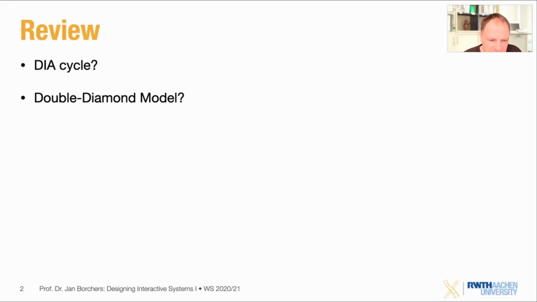Yeah, the double diamond model has two phases of divergence and convergence. In the first phase, you discover different problems and then converge on the right one. In the second diamond, you find the right solution: you discover different solutions and converge on the correct one.